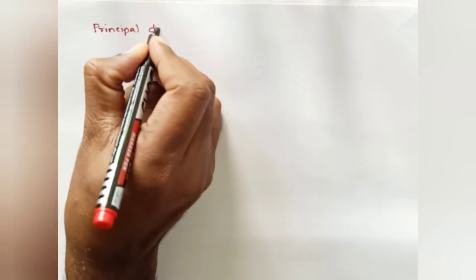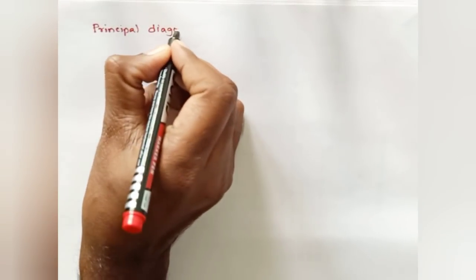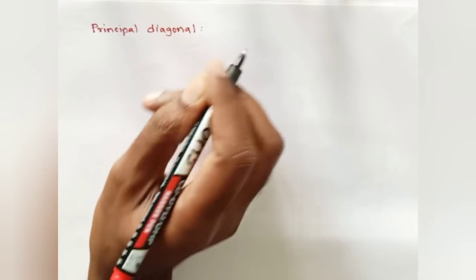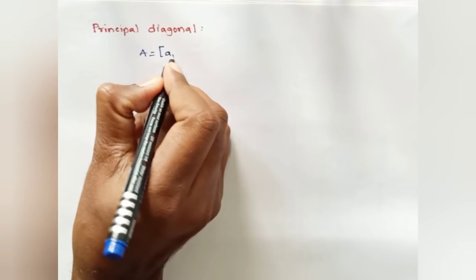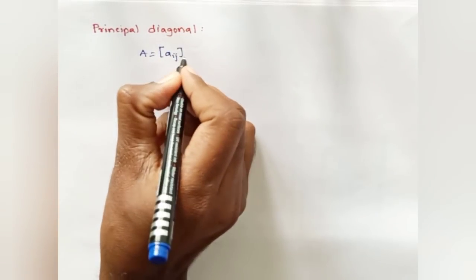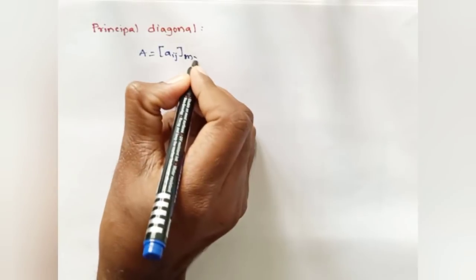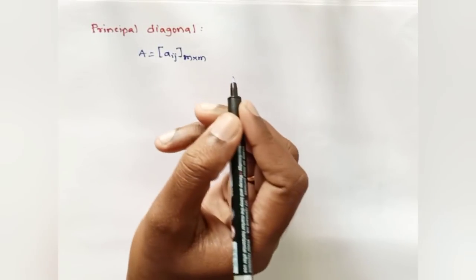Here we need to know one thing in square matrices. For every square matrix, there exists a principal diagonal. Let us consider a matrix A equals a_ij of order m by m, or n by n; simply it is a square matrix.